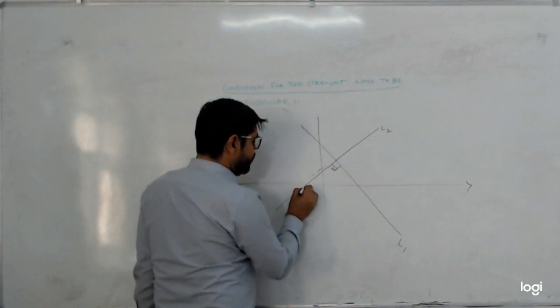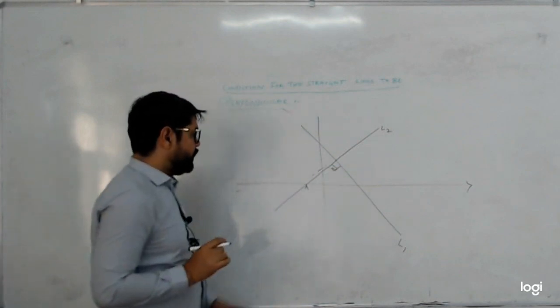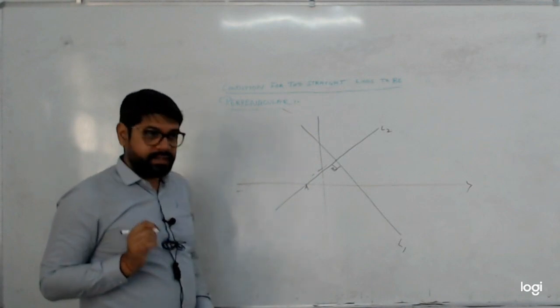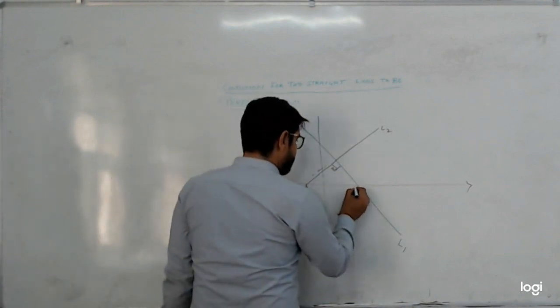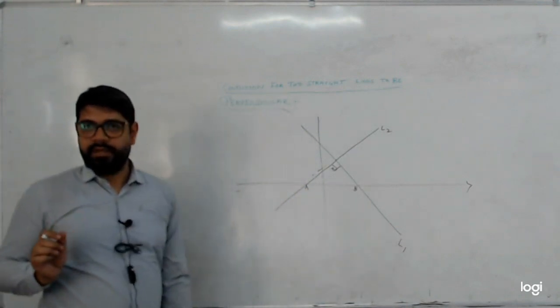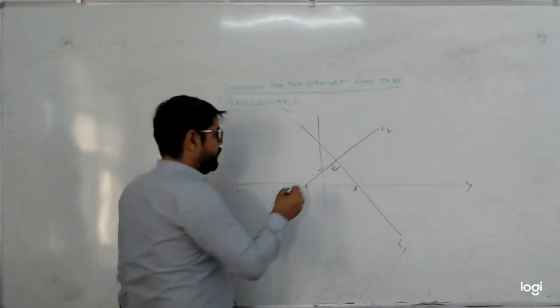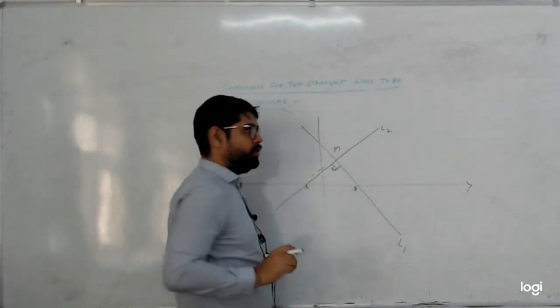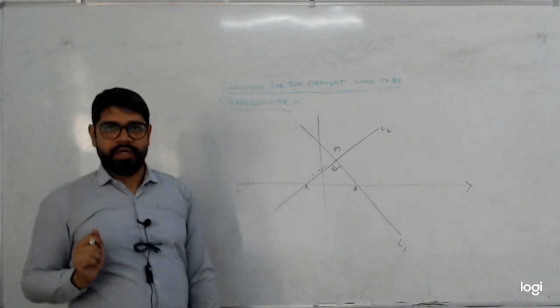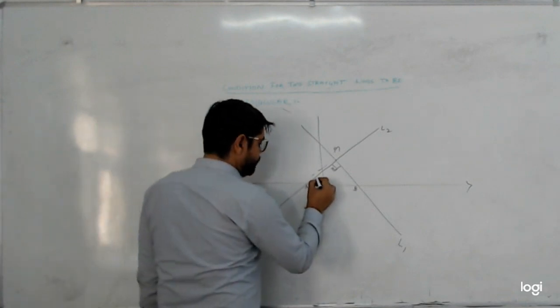Let A is the point where the line L2 intersects with x-axis, B is the point where the line L1 intersects with the x-axis, and M is the point where line L1 and L2 are intersecting with each other.